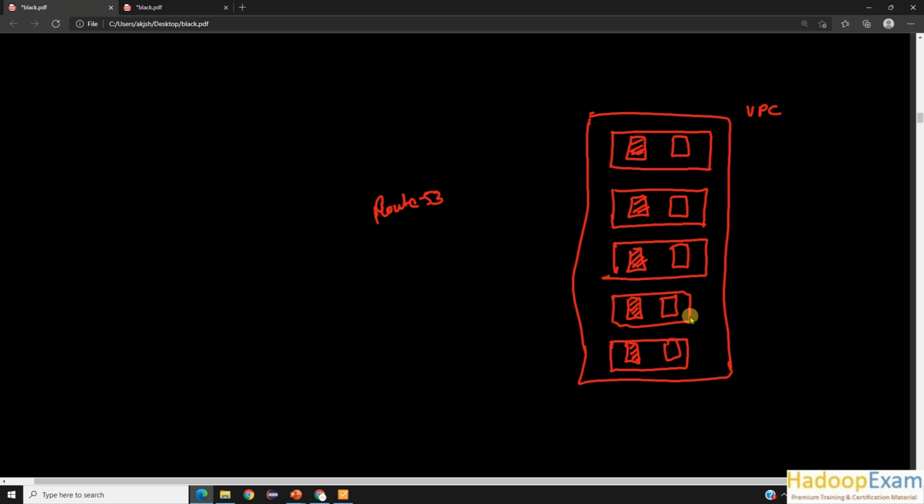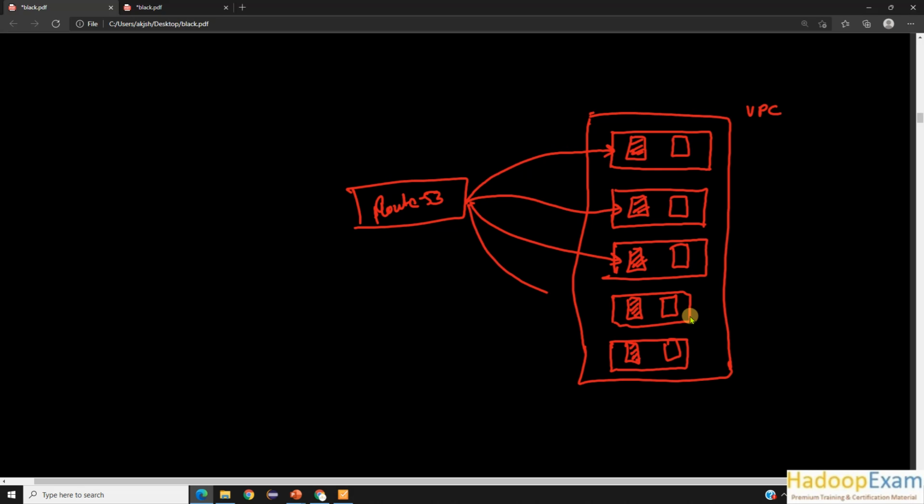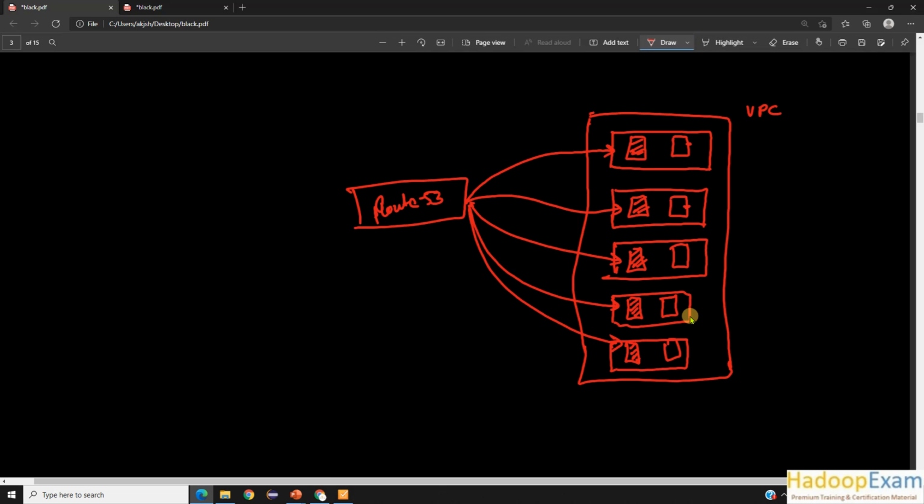What the question is saying is, if any of the active servers out of these 5 is available, it should never return the IP address of a passive server as a response for servicing the web service.